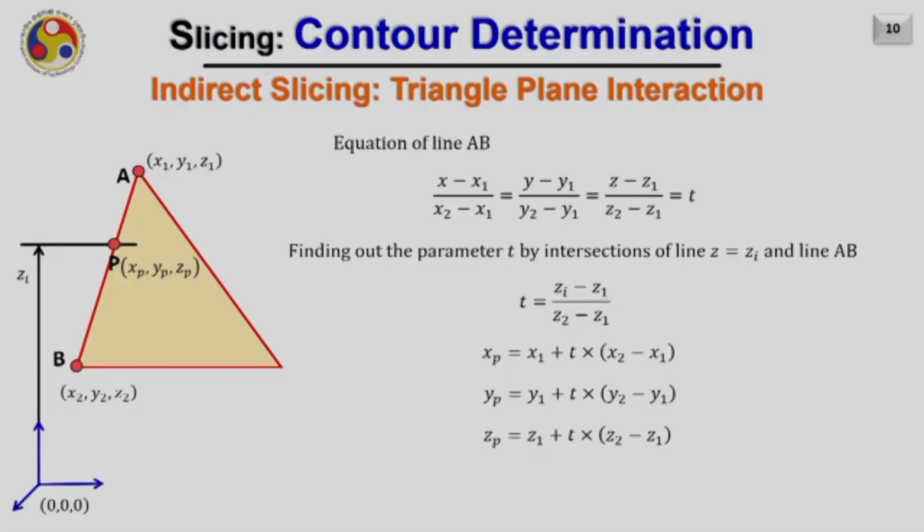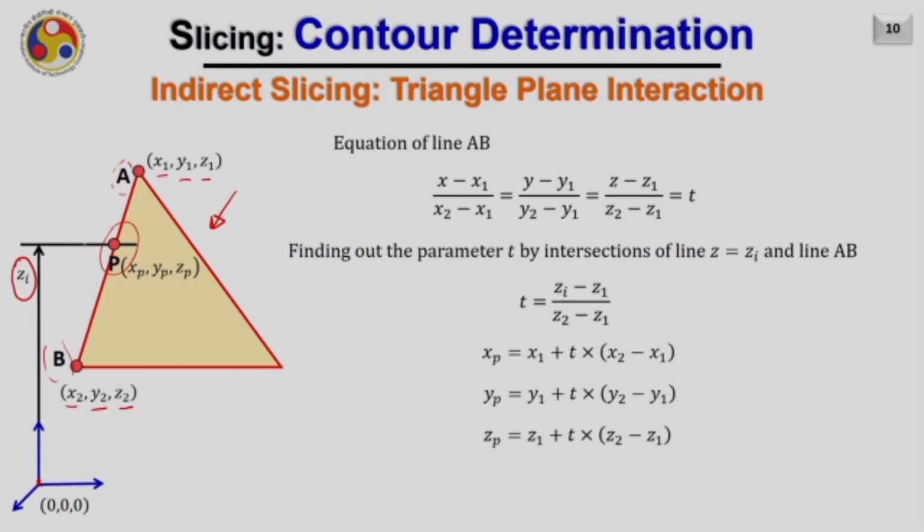So let us consider a triangle in which there is a line AB having vertices with coordinates x1, y1, z1 and x2, y2, z2. Now there is a plane at a height zi from 0, 0, 0 and it is intersecting the line AB at point P.